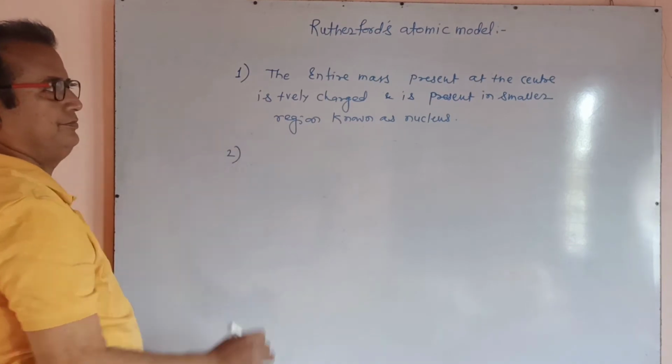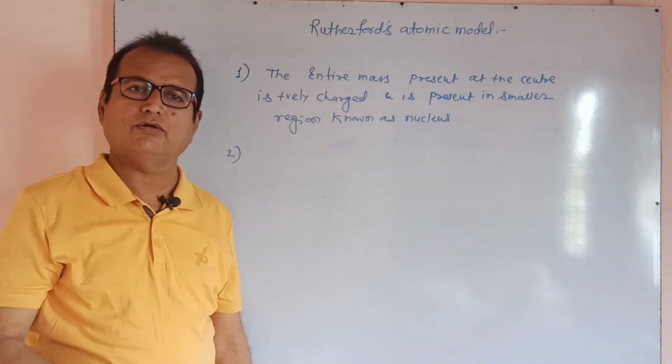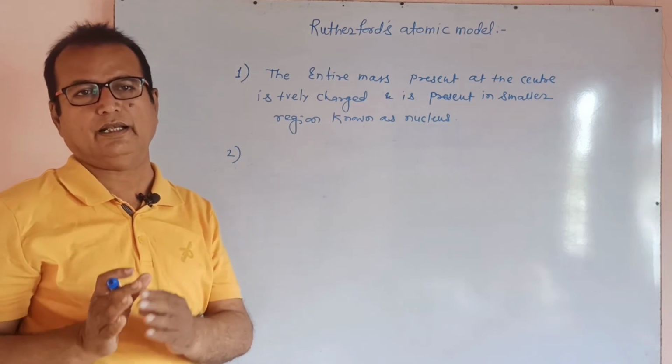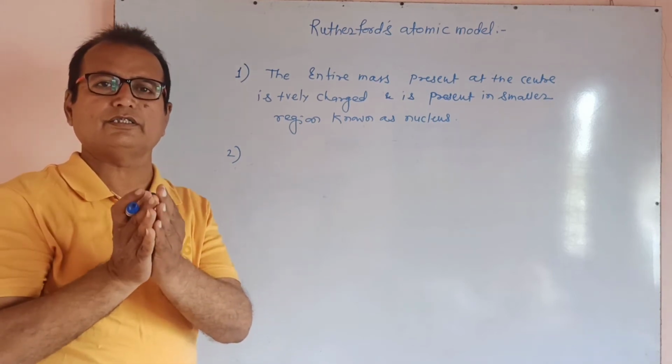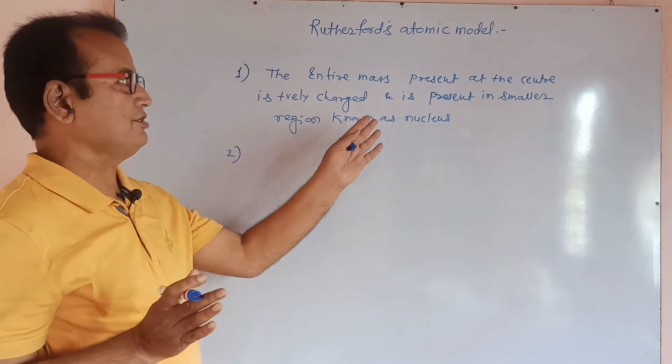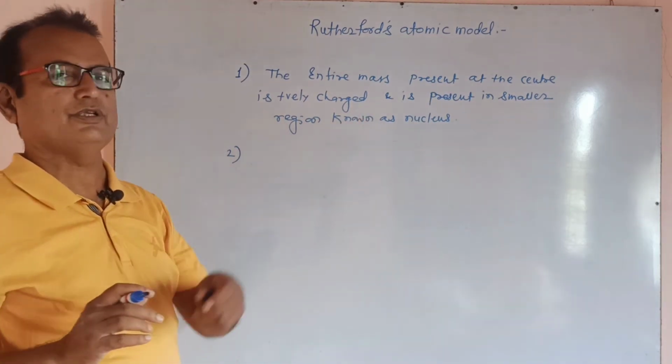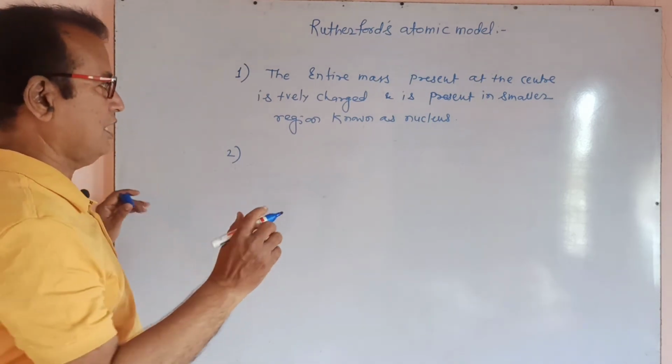Second point: around this nucleus, the entire atom is neutral, and some alpha particles change their direction, which means a positively charged region is there, and around this positively charged region electrons are there.